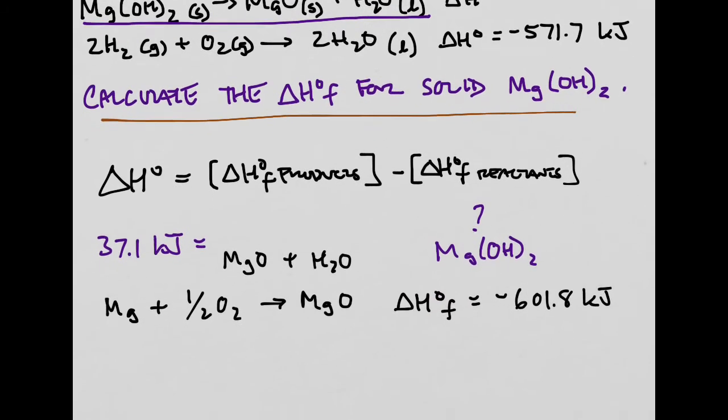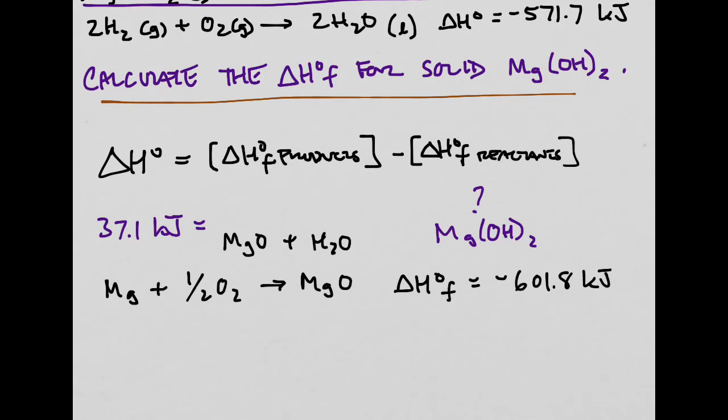Let's do the same thing now, but do it for the water. So I'm going to take my water, I'm going to divide that whole thing through by 2 as well, so that I can leave me with 1 mole of water. So that'll be H2 plus, again, 1/2 O2 yields a single H2O. And my standard enthalpy change for that has to be half of the 571.7 kilojoules.